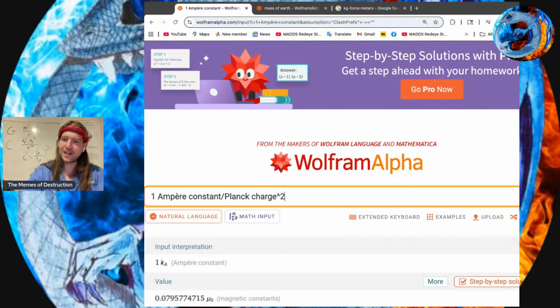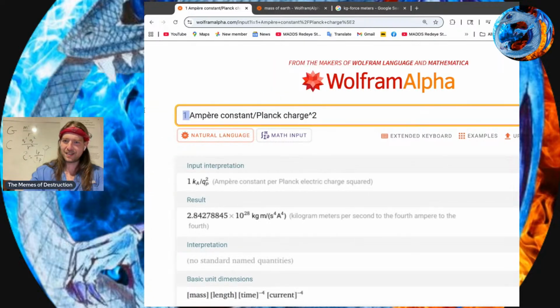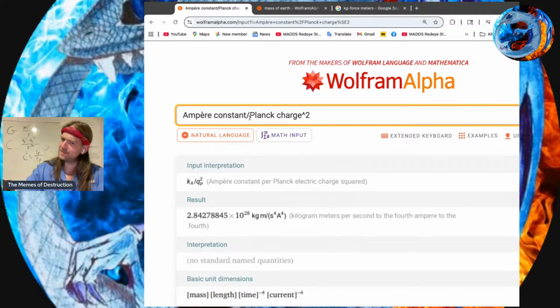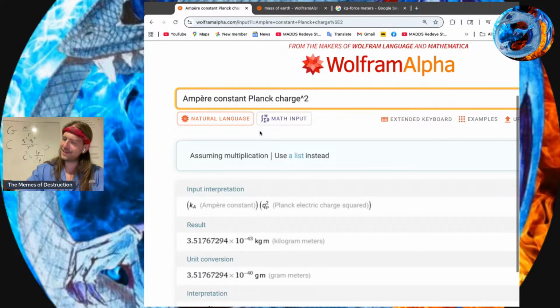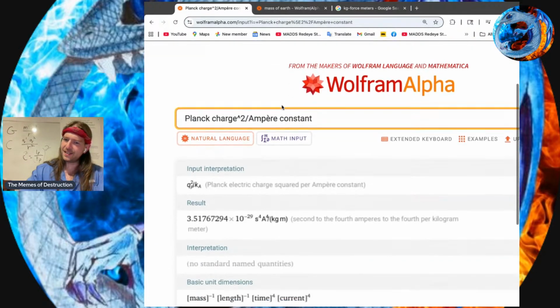Actually, what happens when we do it by Planck charge squared? All right. No, we need to multiply. Well, then we're going to get mass distance. And then divide.